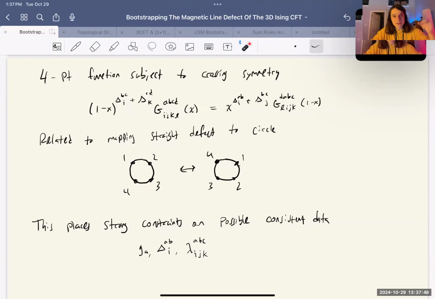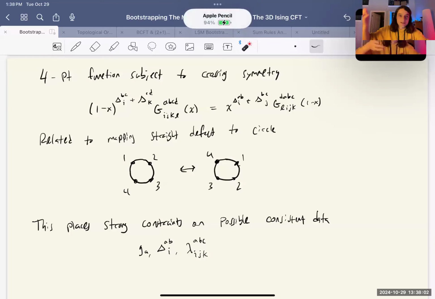When it's straight and infinite, there's a symmetry that causes a bunch of diagrams to cancel, and they just get G equals 1 for this defect, I think. But for the circular one, they get something else. And the straight line and the circle should be related by a conformal transformation.